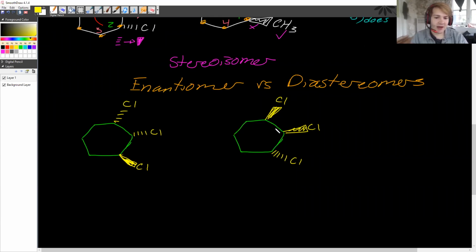Right off the bat, we know that they're not constitutional isomers because they have the same bonding: a cyclohexane ring with substituents on carbons 1, 2, and 3.